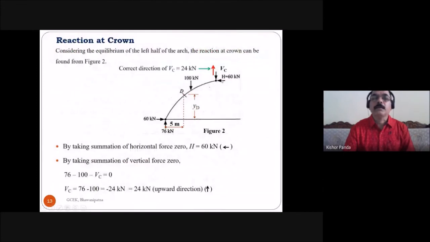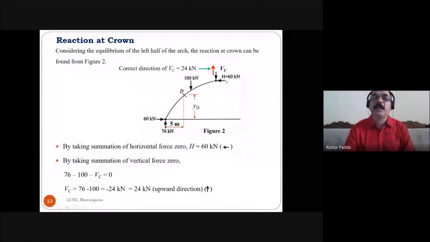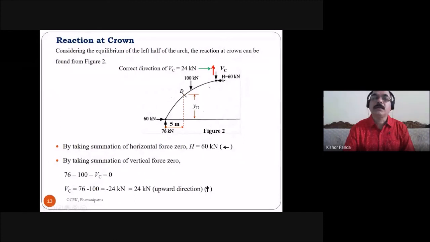Let us take the vertical reaction at the crown as VC, and the horizontal reaction at the crown as HC. By taking the summation of horizontal force equal to 0, we get the horizontal force at the crown, because this is the horizontal force at the support A. Take this 60 in the right direction, and assume the horizontal reaction at the crown HC is in the left direction.